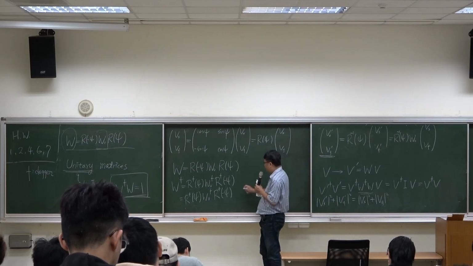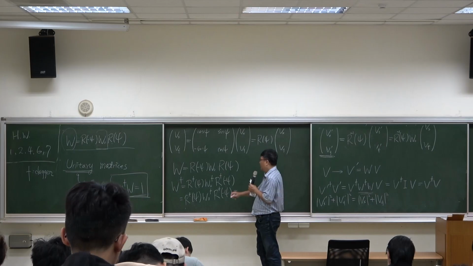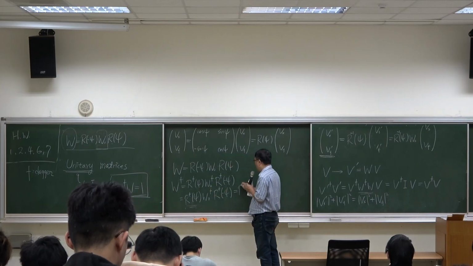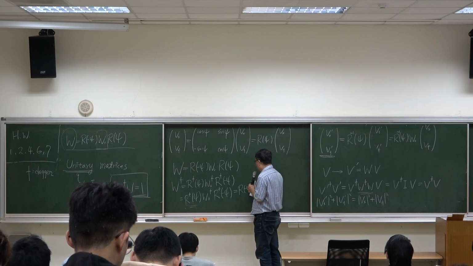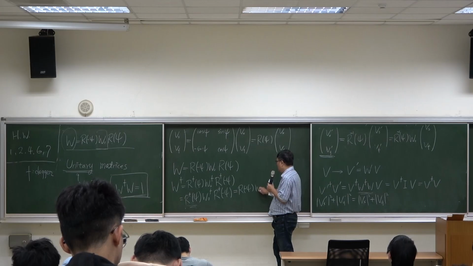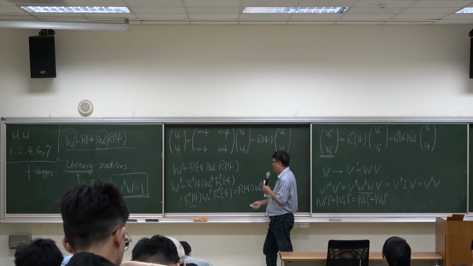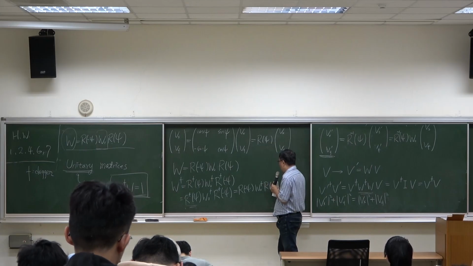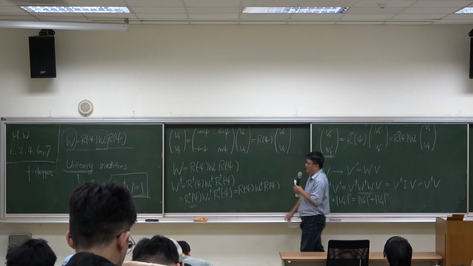And R transpose is equal to R minus psi times W0 dagger. And minus minus gives us original R psi.